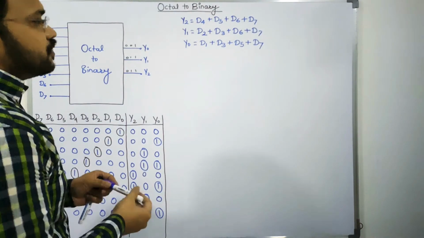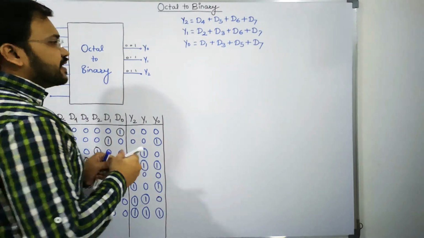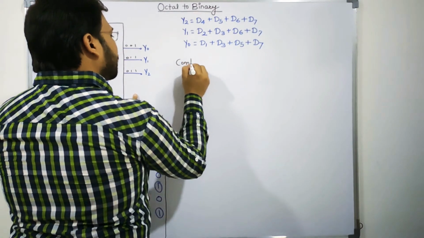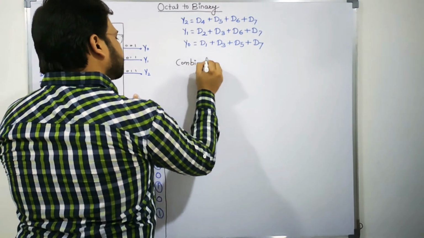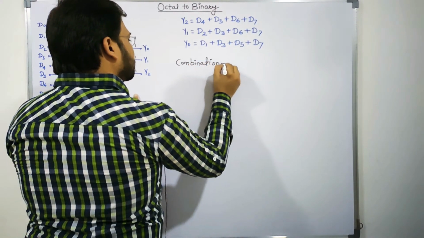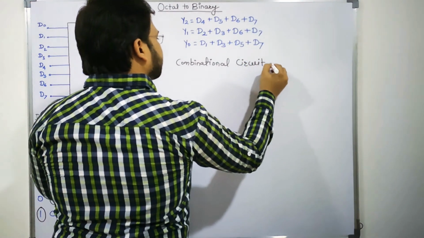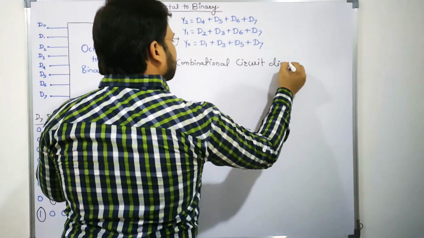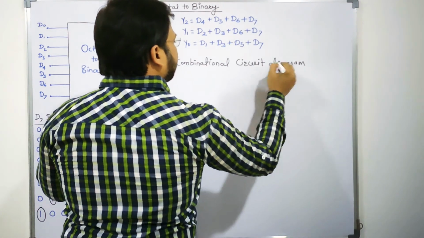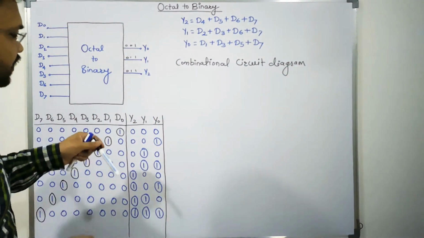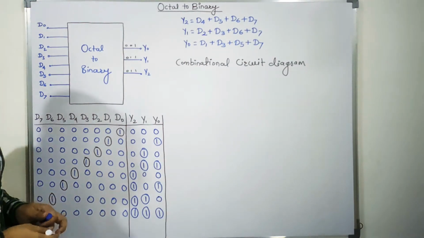Now we have to just draw the combinational circuit diagram. We have to just draw the combinational circuit diagram for this octal to binary.